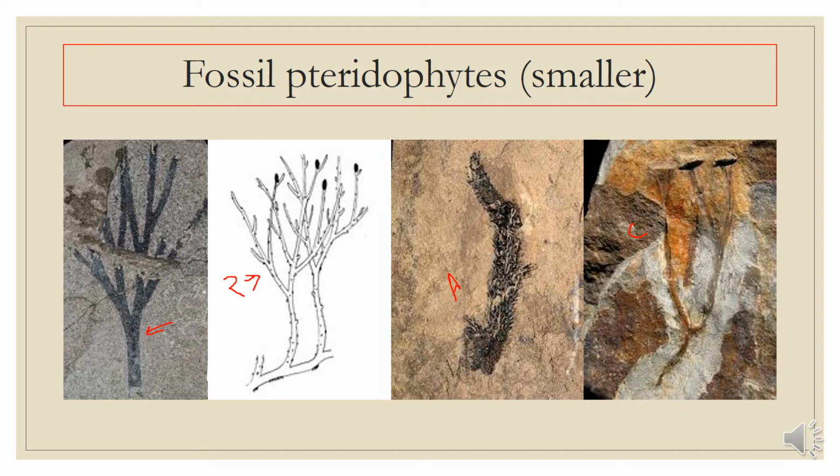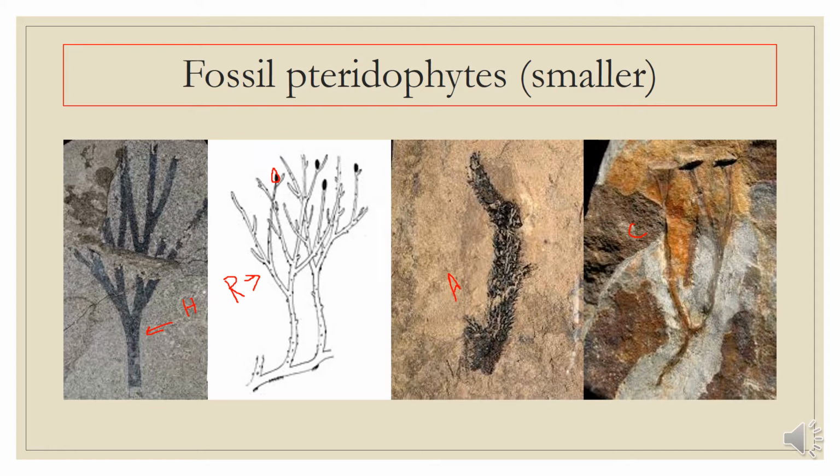But the small pteridophyte fossils were mostly found in Scotland, Aberdeenshire, that is the Rhynie chert bed. These are the very small fossils we see, and the stem is dichotomously branched and repeatedly branched, and they have the reproductive body, the sporangia, here at their terminal portion.